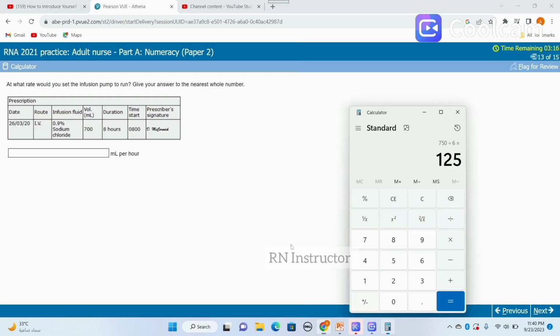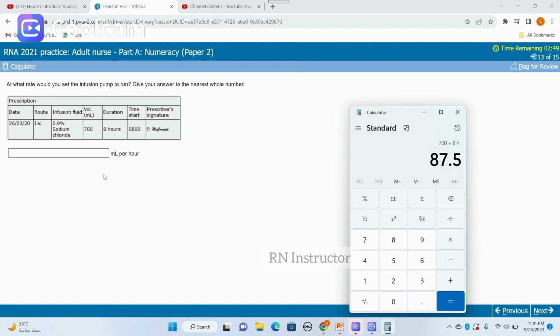Another question, what would you set the infusion pump to run? Give the answer to the nearest whole number. So here you see 700 ml of 9% sodium chloride to be administered over 8 hours. So 700 ml is the total volume of fluid to be administered in 8 hours.